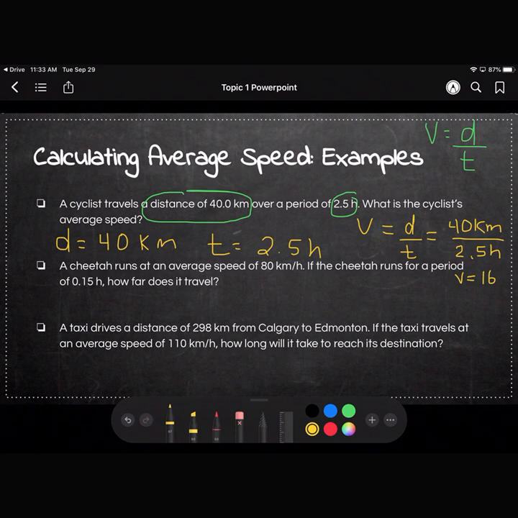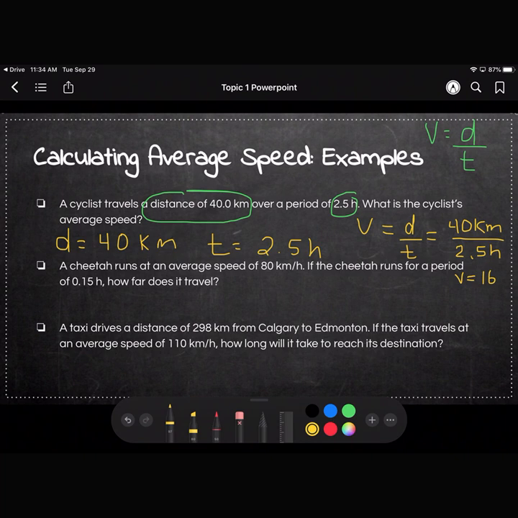Do we just write 16? What do we write? Velocity equals 16, but that's not all we write. What's the most important thing? It's actually half of the marks in all physics questions, or at least a third of the marks. The units.